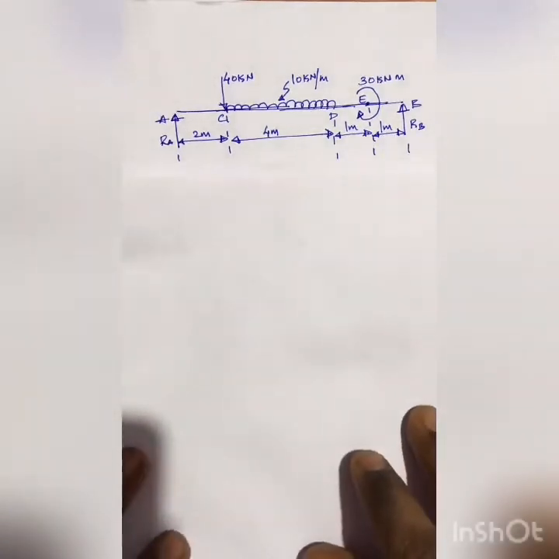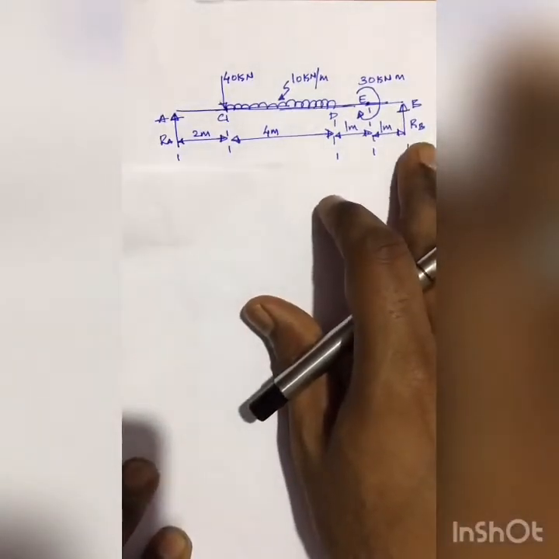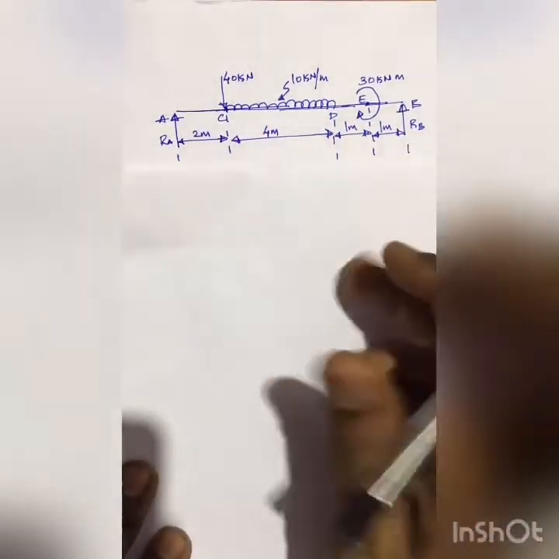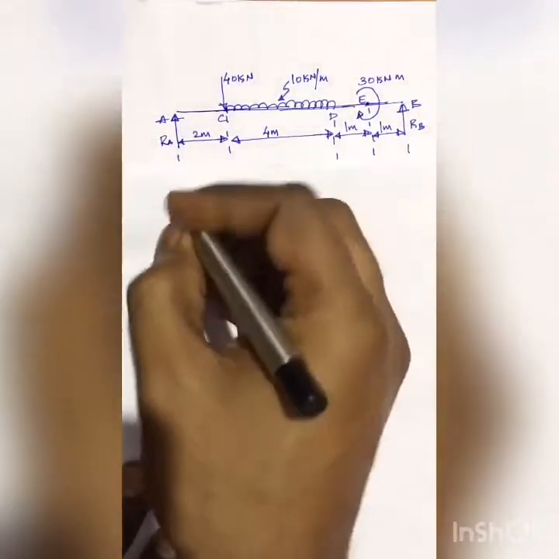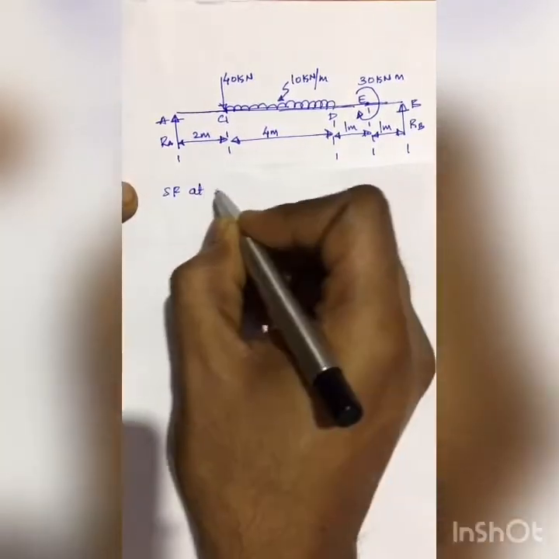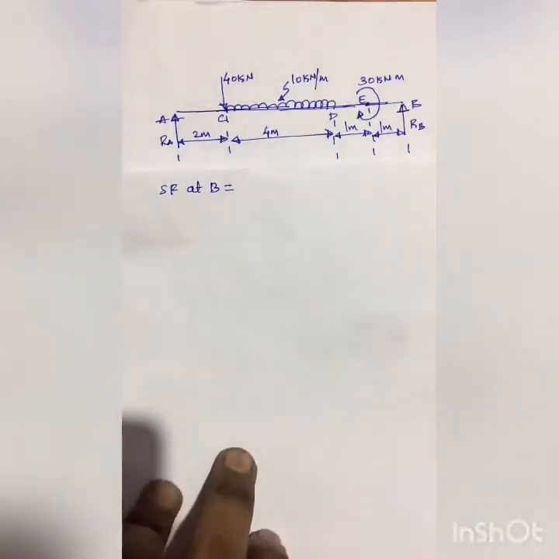So we start finding the shear forces at salient points in this figure, starting from point B and ending at point A. That is from the right side end to the left side end. Now let's come to the right side end. First I know that SF at B is due to RB, and RB value is 33.75.